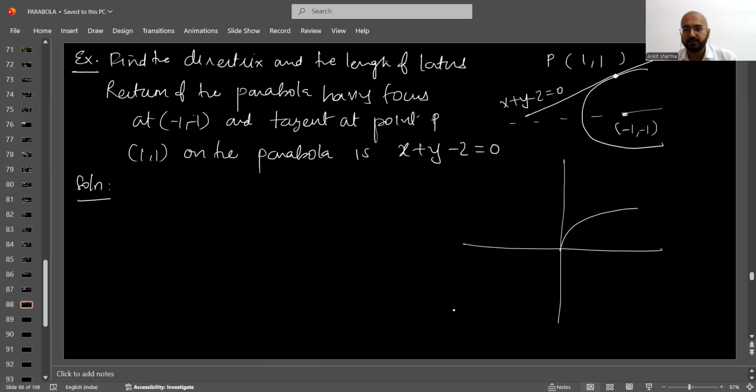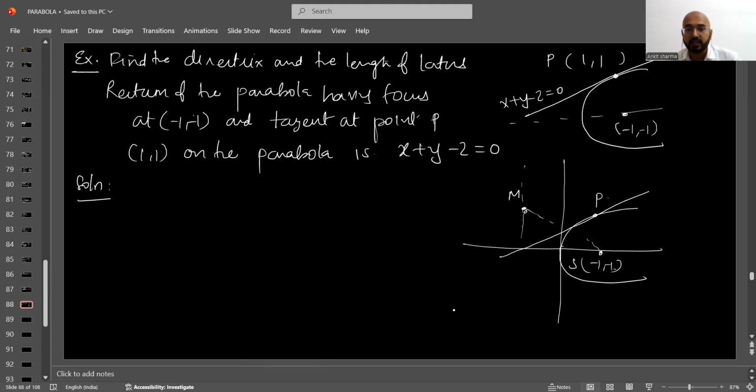This is my parabola, and here I have the focus, which is minus 1 comma minus 1, and I have the tangent at point P. Now I'll find the image of this focus in this tangent. I know this is going to be my point M. This point M is definitely going to lie on the directrix. So once I got the image, I am done.